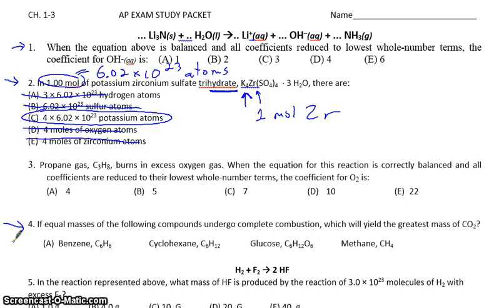If equal masses of the following compounds undergo complete combustion, which will yield the greatest mass of CO2? And the idea here is the mass is always conserved. So the more mass of carbon you begin with, the more mass of CO2 you can get. All the rest of it will come from oxygen. So what we need to find out is which of these compounds has the greatest percentage of carbon.